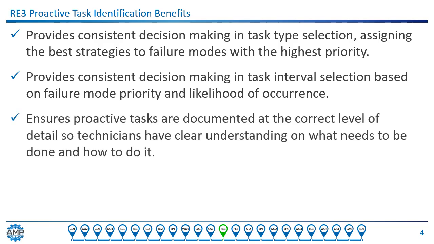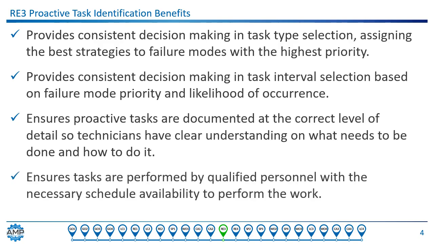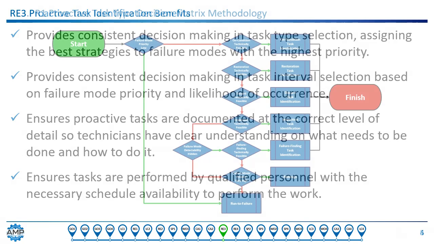Task documentation rules ensure technicians have a clear understanding on what needs to be done and how to do it. And task assignment ensures that work is performed by qualified personnel within a scheduled availability window. This promotes high-quality outcomes of task performance.